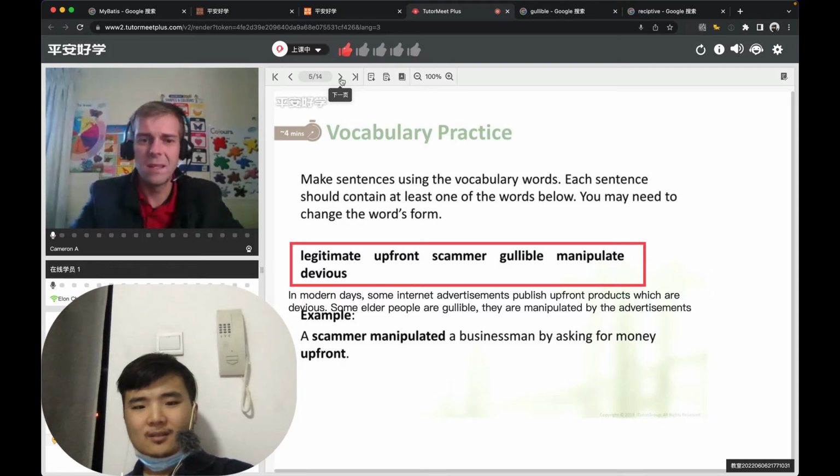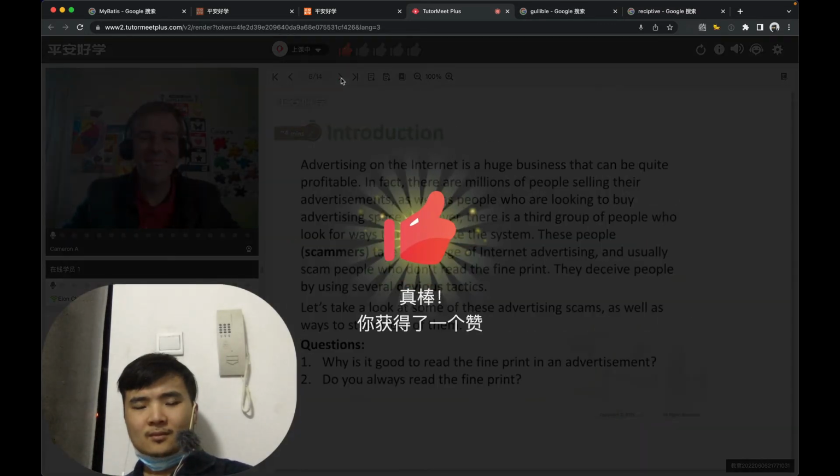Excellent. Good. Well done, Elon. Good sentences. Thank you. All righty, let's carry on.